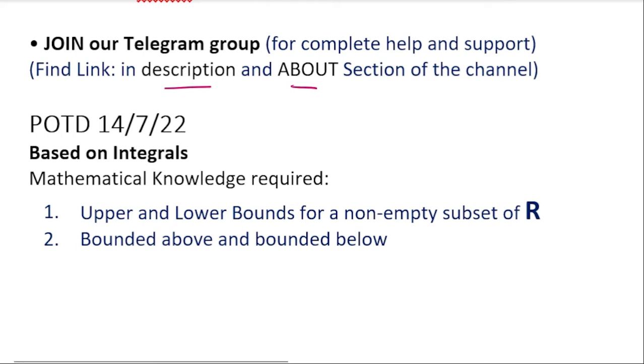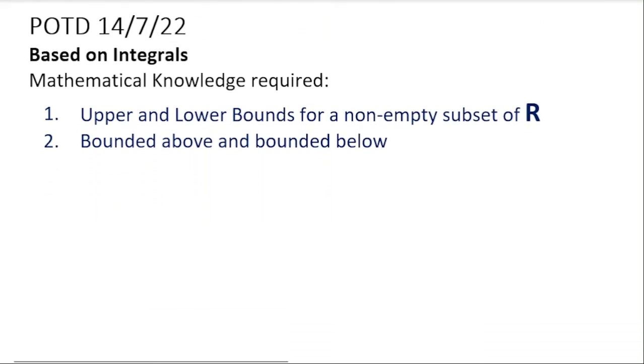Okay, so let's move ahead with doing the proof of that problem. In order to prove that problem, I require two notions. Someone who is doing that should have knowledge of what an upper bound and a lower bound are for any non-empty subset of R. Suppose that non-empty subset is A of the real number line.